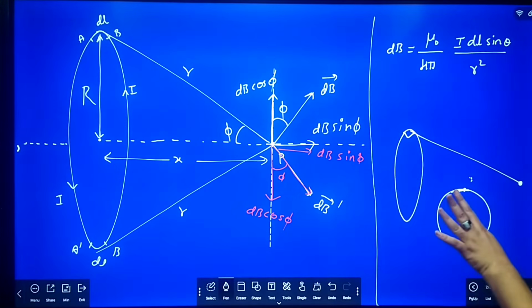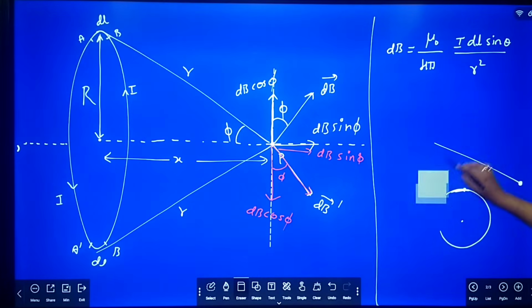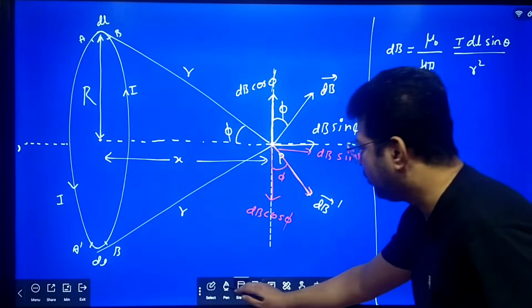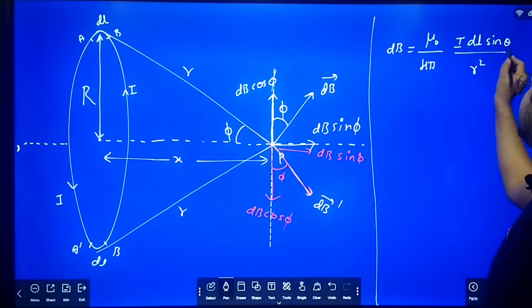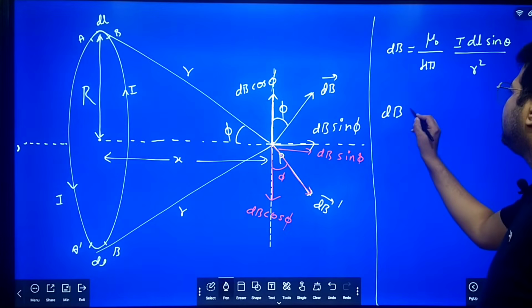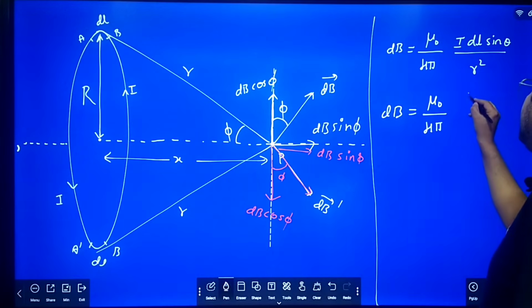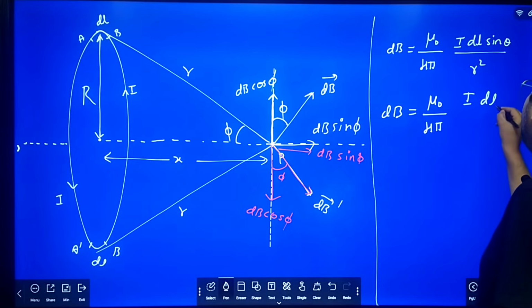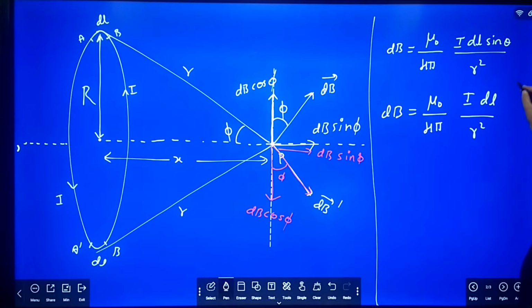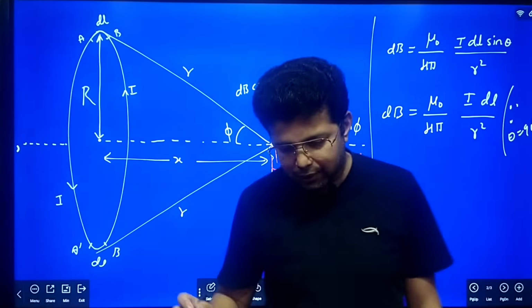So therefore theta is equal to 90 degrees. Therefore dB is equal to mu naught by 4 pi into IDL by r square, since theta is equal to 90 degrees. So this is the magnetic field due to that current element.